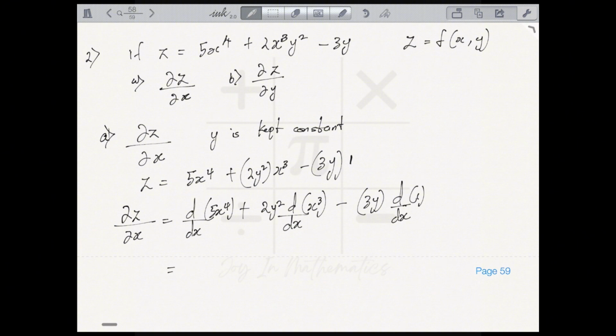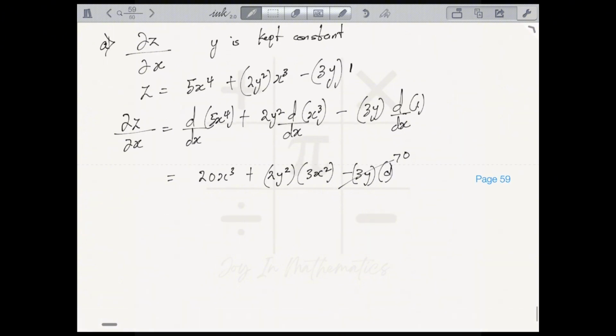So this will give us 20x raised to power 3 plus 2y squared multiplied by 3x squared minus 3y. Differentiation of a constant is 0. So this is 0, and our final answer is 20x cubed plus 6x squared y squared.